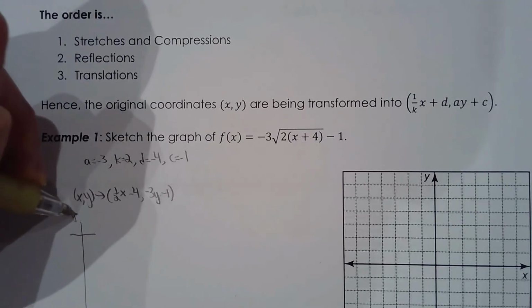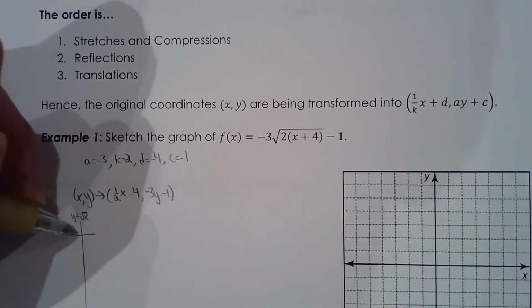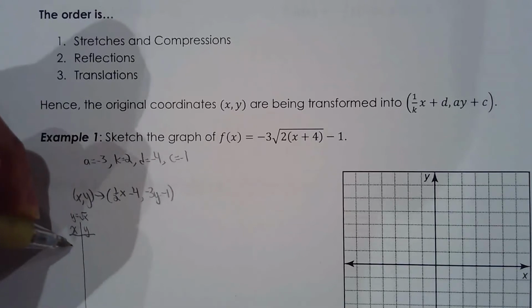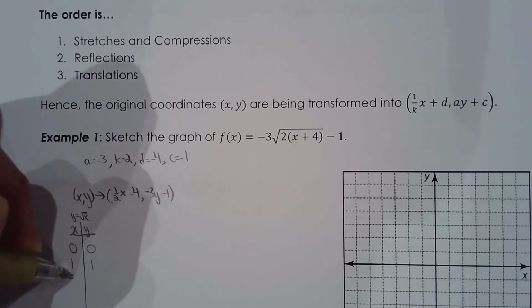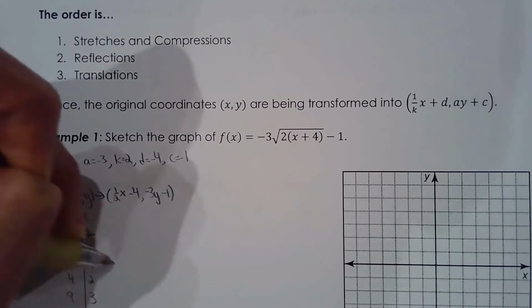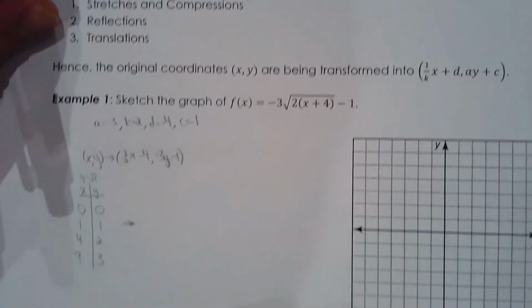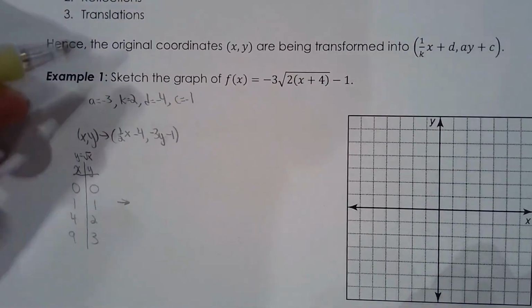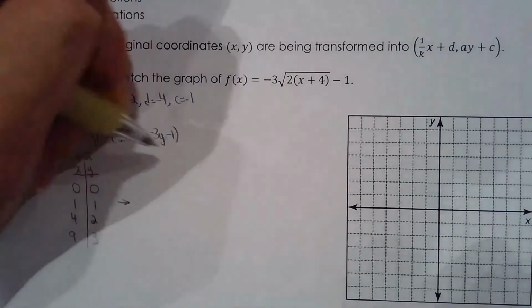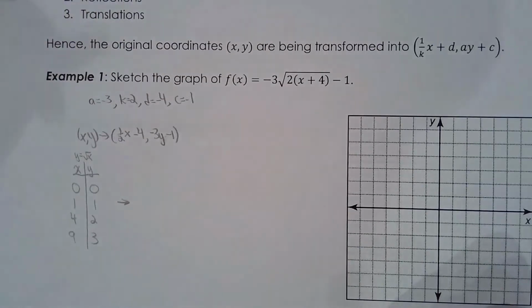So I am going to transform root x. Hopefully you didn't forget the key points for the square root function. It's hard to forget because you're just looking at perfect squares. Otherwise you won't get very nice points to plot.